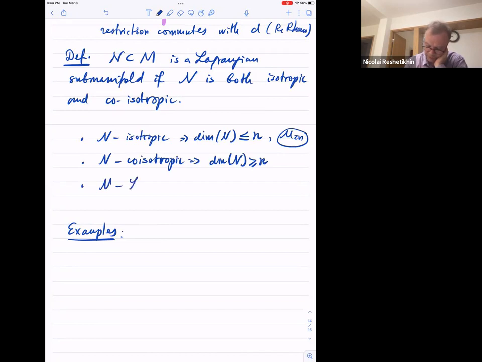And if N is Lagrangian, the dimension is exactly n. And remember, we had this discussion of variational boundary conditions. So we will see that in the Hamiltonian framework, variational boundary conditions are simply Lagrangian submanifolds with certain properties. So it's a very nice language for these purposes.